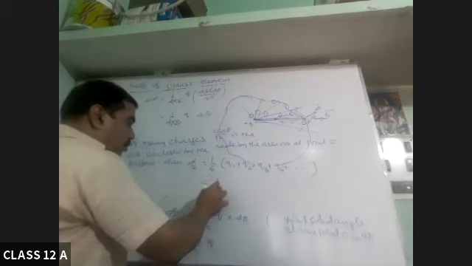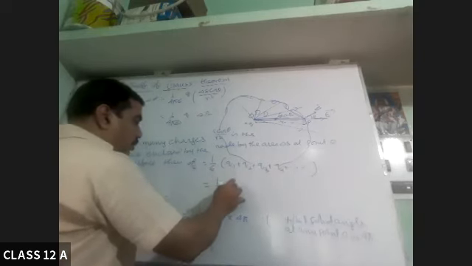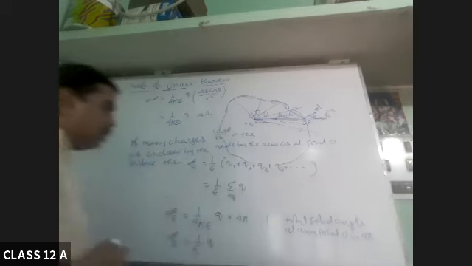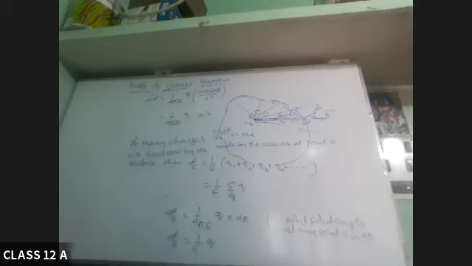So it is 1 by epsilon naught times the summation of Q. This summation we have to consider algebraically. That is, sign also we have to consider. We are not considering only magnitude, we have to consider the sign also.